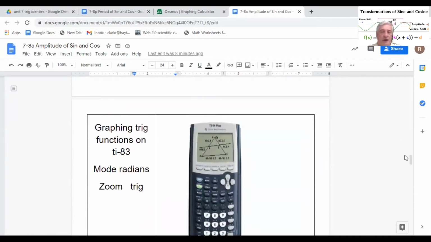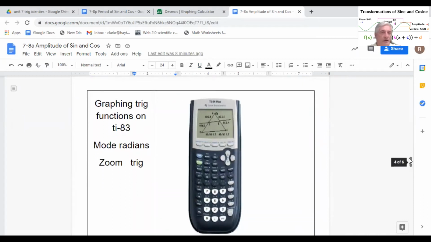When we're graphing on this calculator, we're going to start simple graphing with mode in radians, and we're going to zoom trig. Now in radians, instead of having a -10 and a +10 over here on our calculator edges, I'm looking for 6.2 and -6.2.